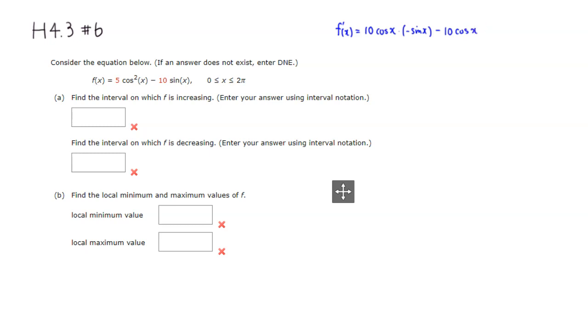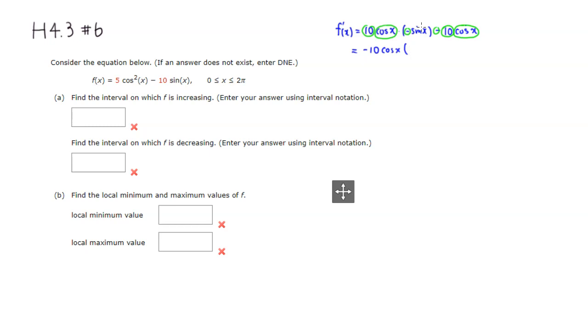If you simplify that, what can we do? We can pull out the negative 10, so minus 10. And also there's a cosine in the first term, and the second term has cosine too, so we can pull out the cosine of x.